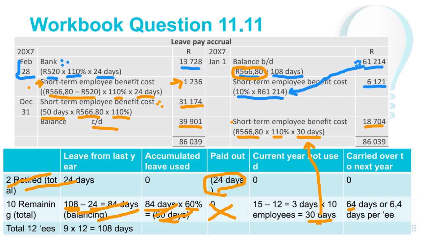Now, as a test, let us take the closing balance of 39,901. That's the amount. If we divide it by the cost to company plus the increase, which would look something like this, we take the 39,901 and divide it by the cost to company plus the increase.